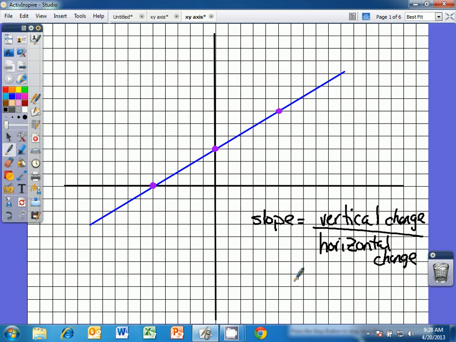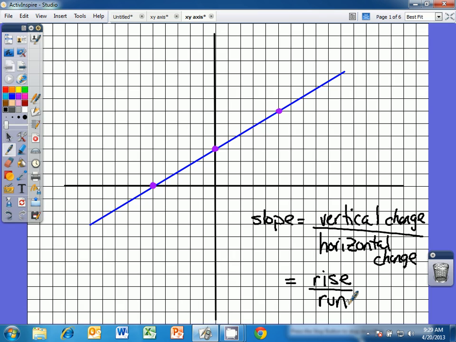And we've also used the terms rise over run. Rise is representing change in the up and down direction. Run is like we run on the ground, which is horizontal. So rise would be our vertical change and run is our horizontal change.